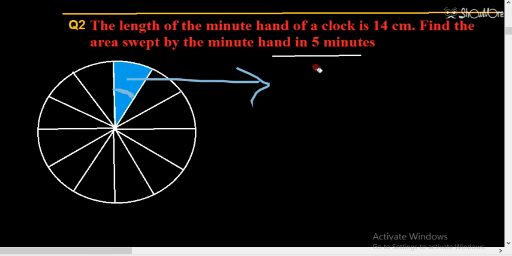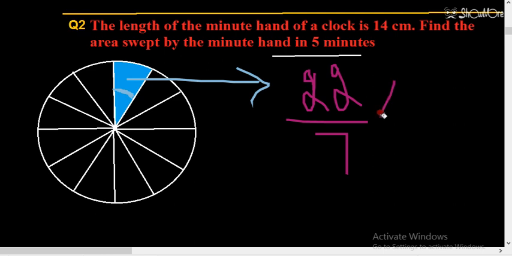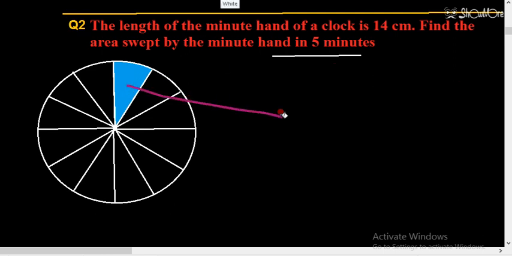So it is equal to pi, let me put the value of pi as 22 by 7. So pi into r square, r is 14, so 14 into 14. Then I have to put the value of theta. So I have to find this area.